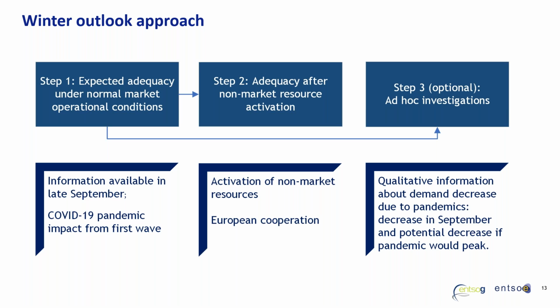So at that point in time, the situation was also completely different compared to what we know today. So with these three steps, we are feeling quite comfortable that we are assessing the adequacy situation in the power system quite extensively. We could move to the next slide, please.